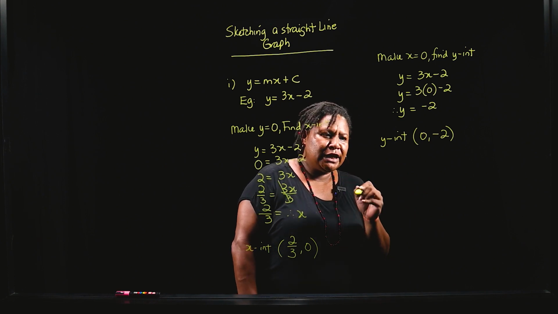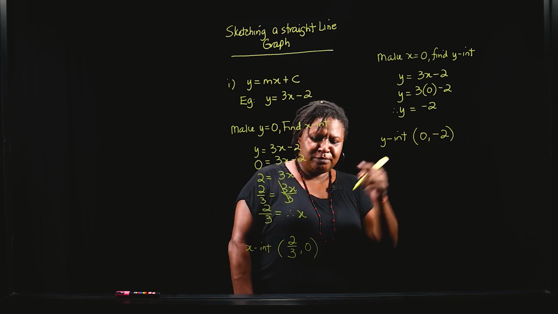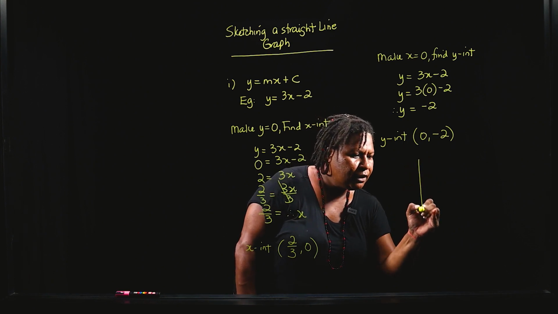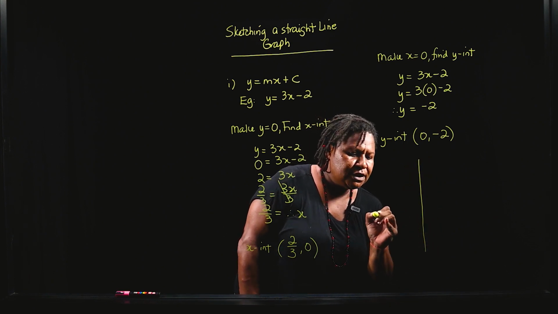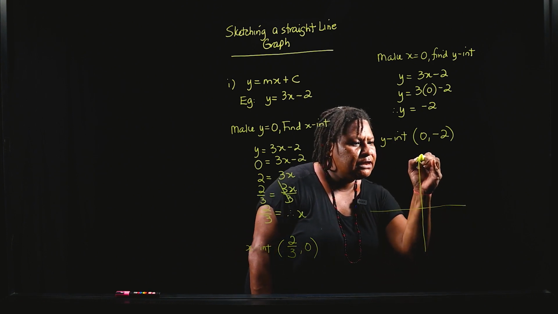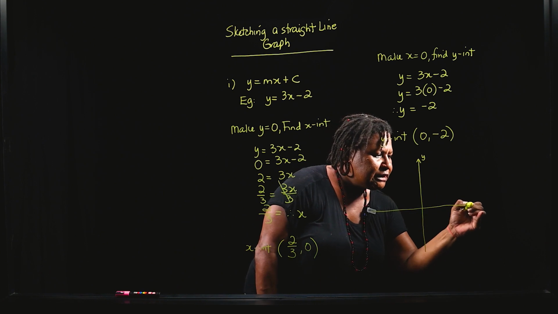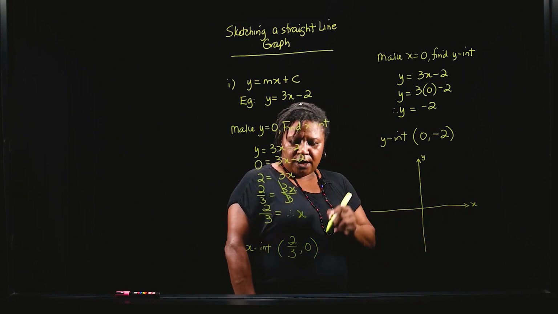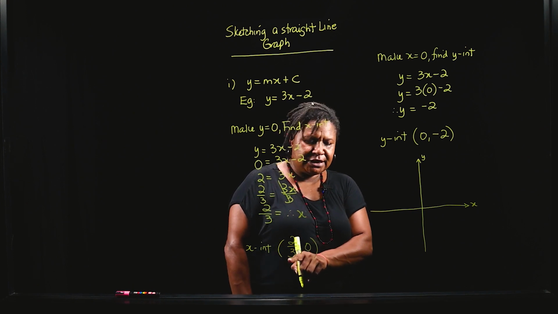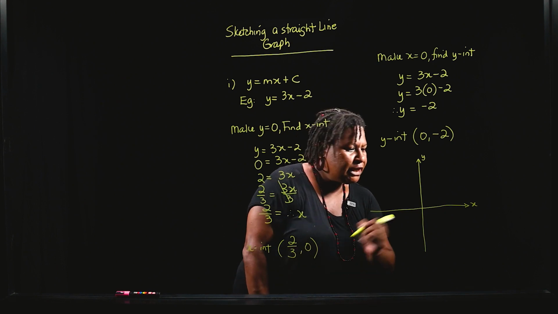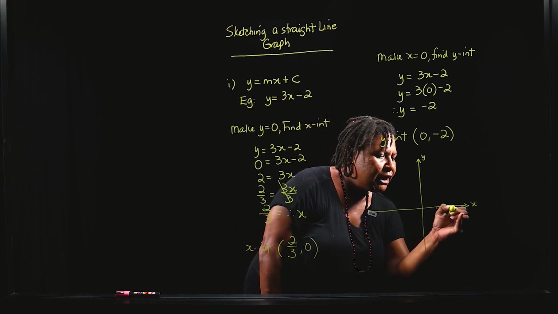We can simply indicate just the 2 points we are using. So our Cartesian plane, remember this is y and this is x. Now our x-intercept is 2 over 3, 0. So we have 1 and 2.